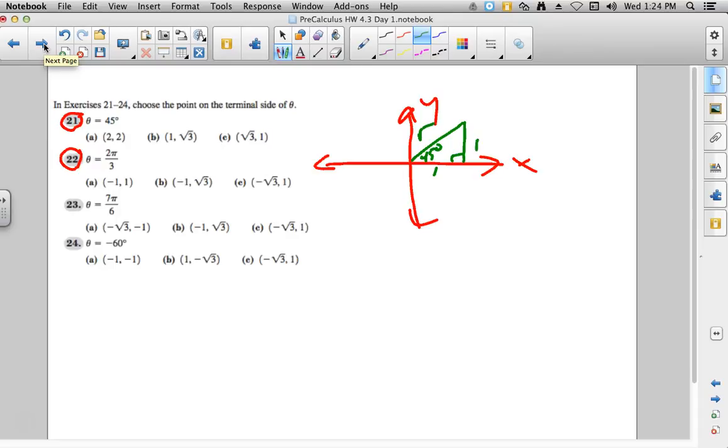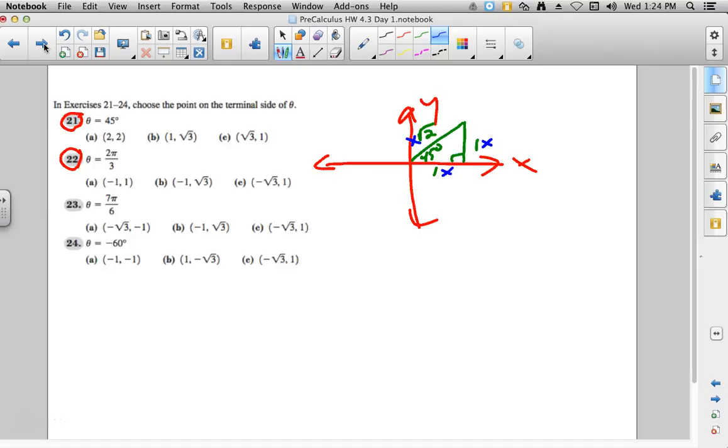But that pattern is just an easy way to show ourselves that the relationship between the sides is that we have an isosceles triangle in a 45, 45, 90. So our x and y values will both be the same, and you find the hypotenuse by taking that side length times the square root of 2.